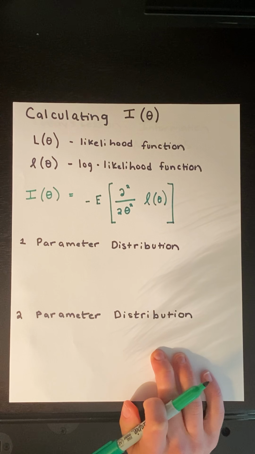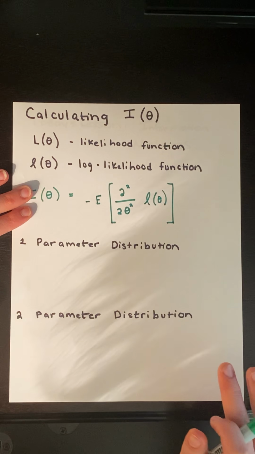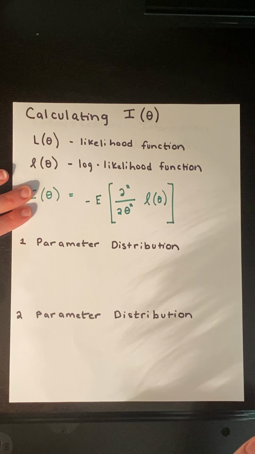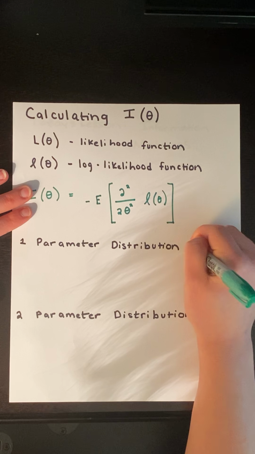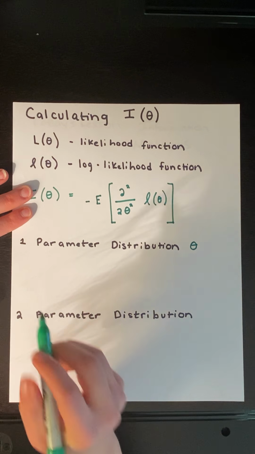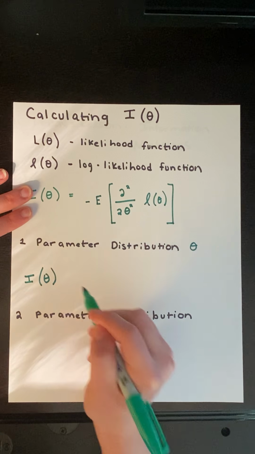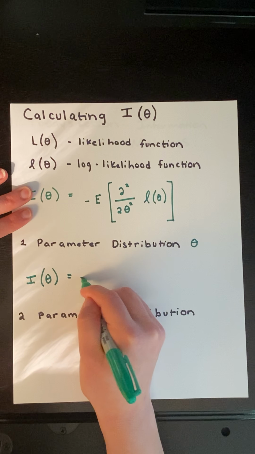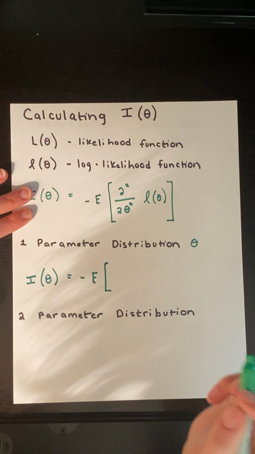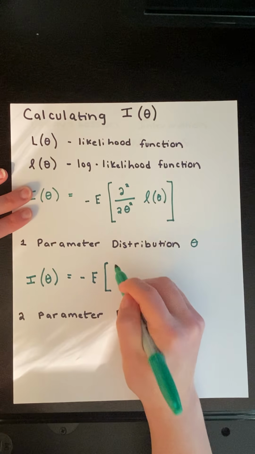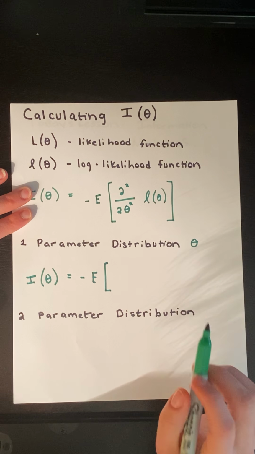So let's try and unpack that a little bit for a one parameter distribution. Let's say we have a one parameter distribution where we have found the log likelihood function and our parameter is theta. Then the information matrix for our parameter theta, I of theta, would be the negative expectation of the second derivative of the log likelihood function with respect to theta.